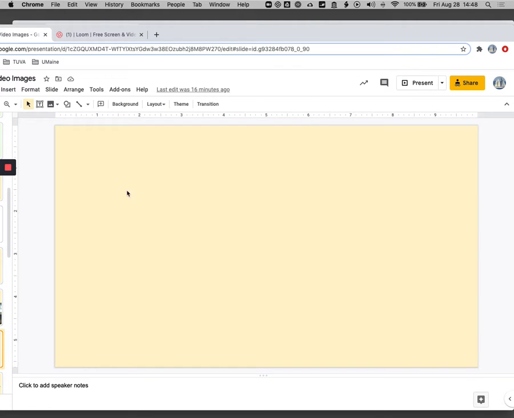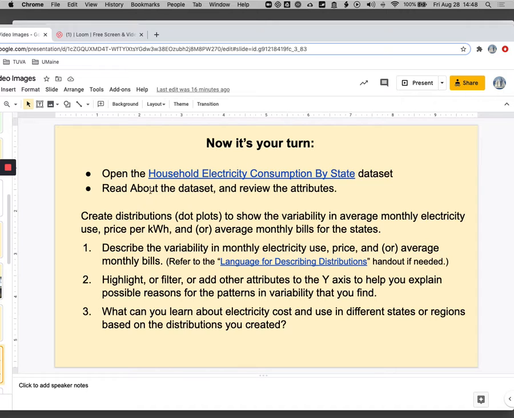Now it's your turn. Open the household electricity consumption by state dataset in Tuva, read about the dataset, and review the attributes. And now I'd like you to create distributions to show the variability in average monthly electricity use, also in price per kilowatt hour and/or average monthly bills for the states. And see what sense you can make of the distributions and the variability that you find.